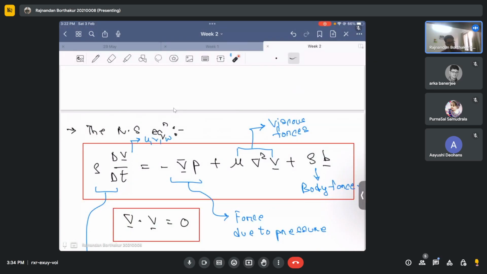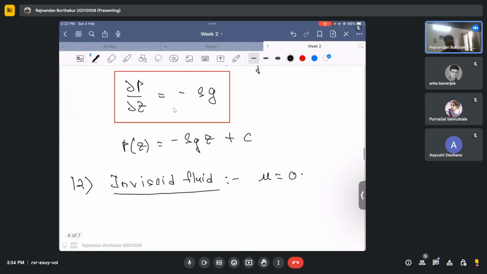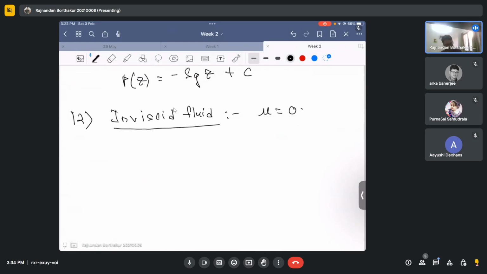Just substitute mu equal to 0 in the Navier-Stokes equation, and you end up with rho times dv by dt equals minus gradient of the pressure plus rho times the body force. We are considering only gravity in this problem, so we replace b by the acceleration due to gravity, which we denote as g.